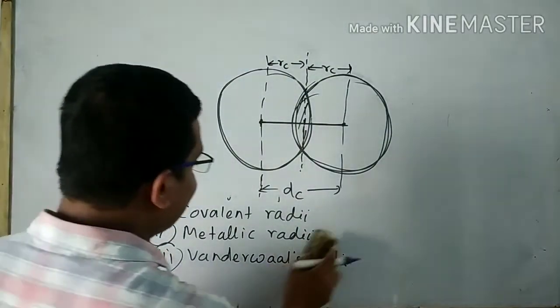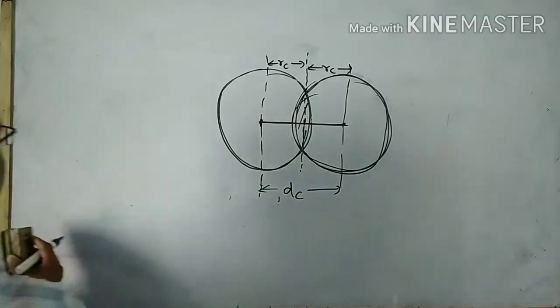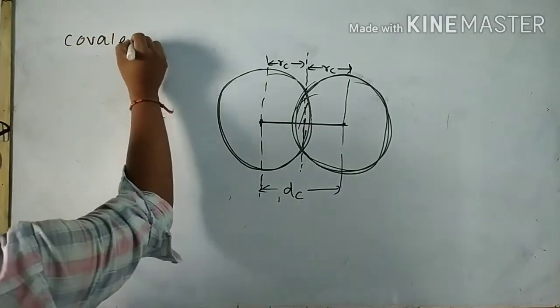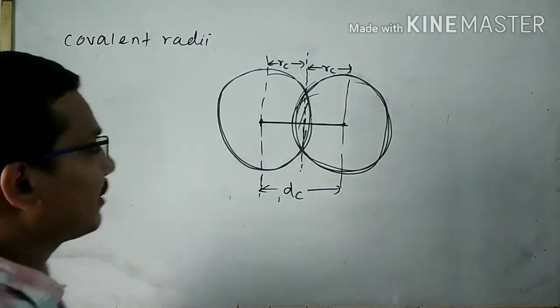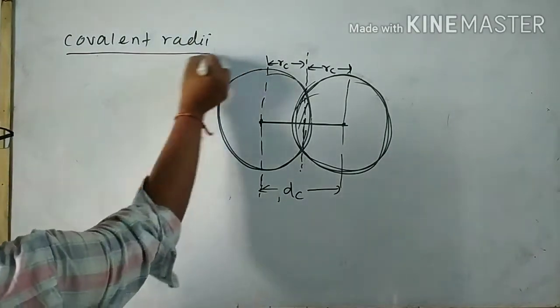Then what will be the statement for covalent radii?